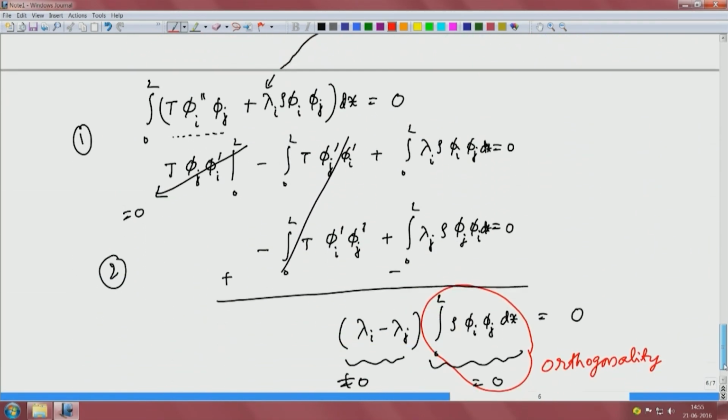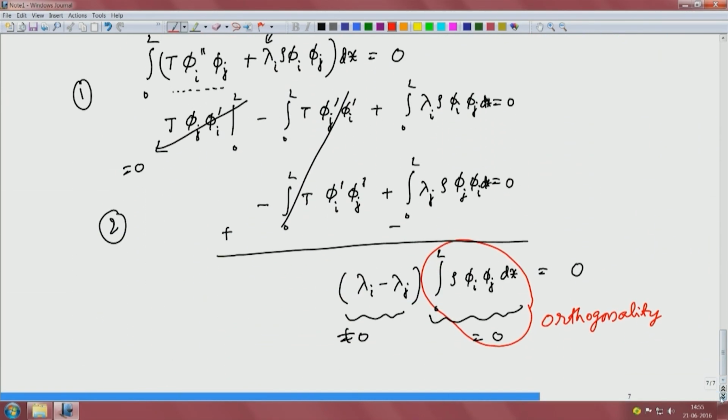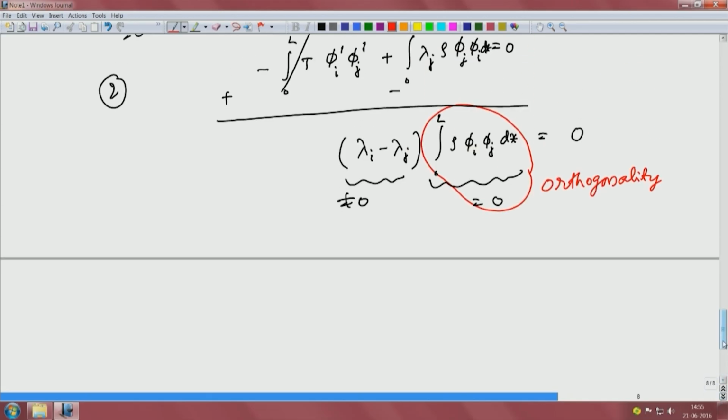Now, when we have this, the advantage of having functions that are perpendicular to each other is that any function, this w of x that I get, x and t, okay, that I can write as a summation of several of these functions. Okay.